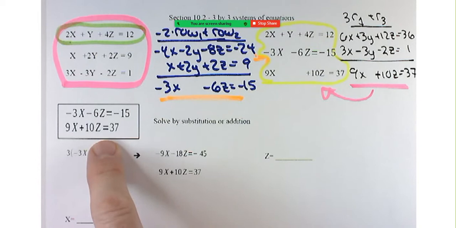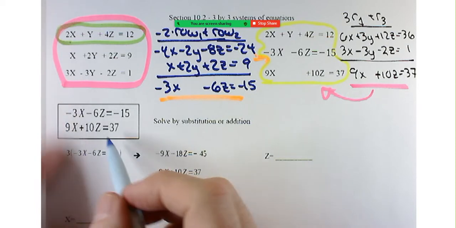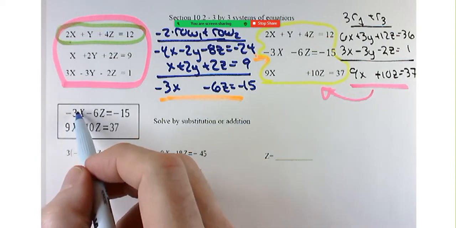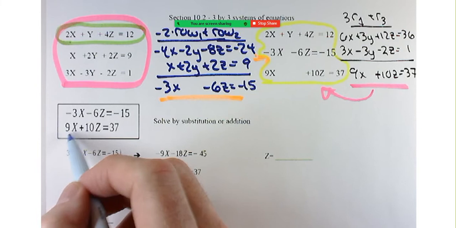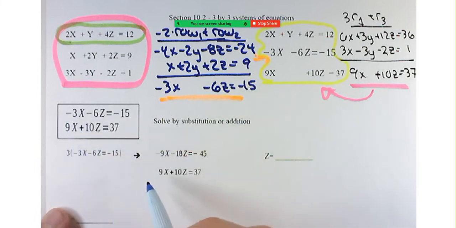You can solve this any way you want now. You can solve it by graphing. You can solve it by substitution. You can solve it by addition, Cramer's rule, iterative methods. There's dozens of ways you can solve this. Now, for us, probably the easiest thing to do would be to notice that, gee, if I multiply the top equation by 3, I can get rid of this 9x.